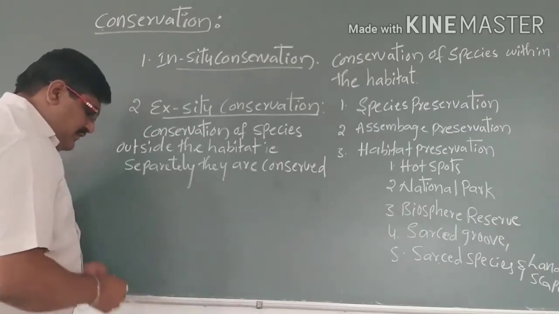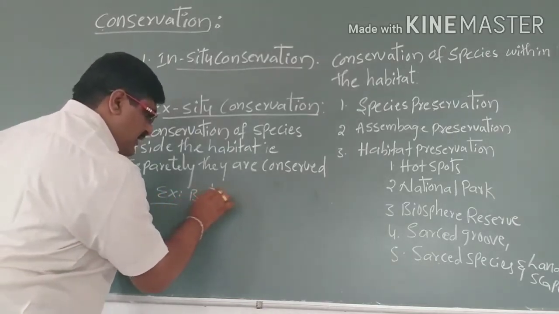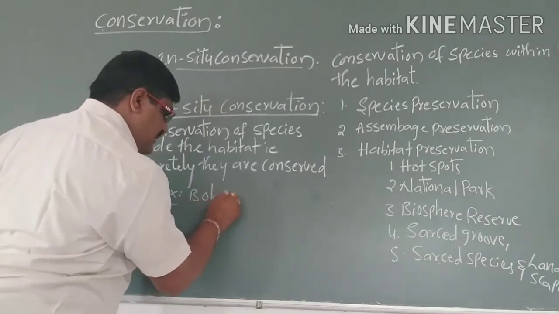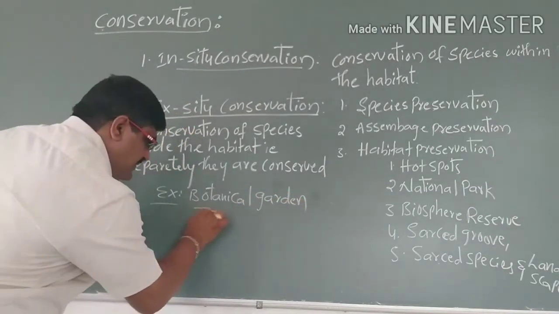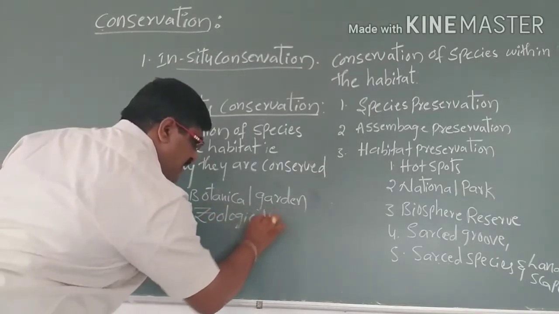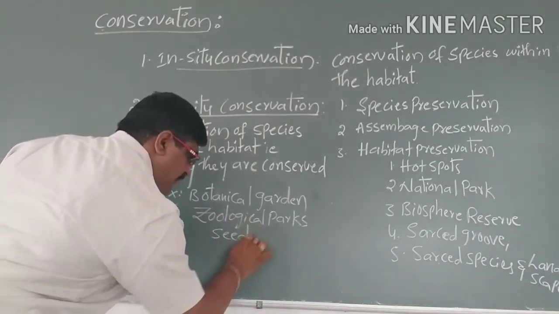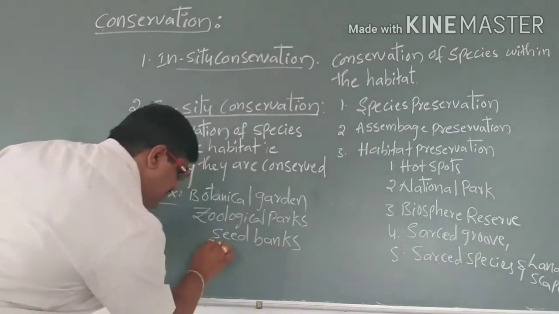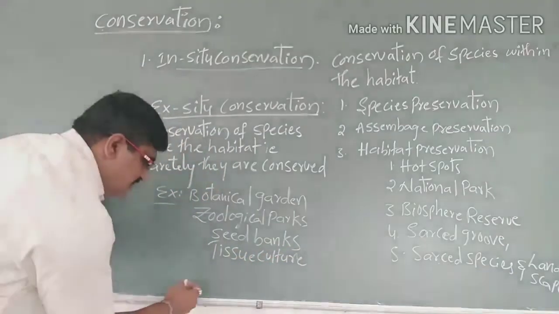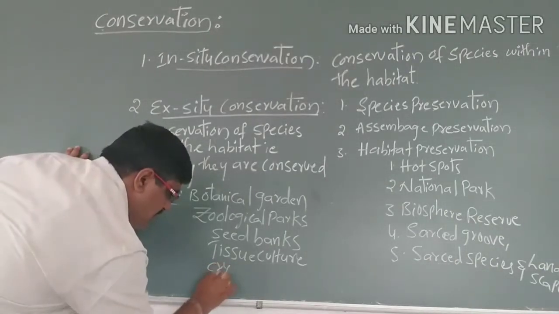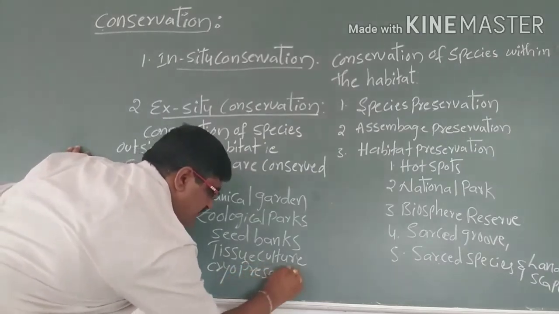For example, we can see botanical gardens, zoological parks, and the third one is seed banks, tissue culture, and lastly cryopreservation.